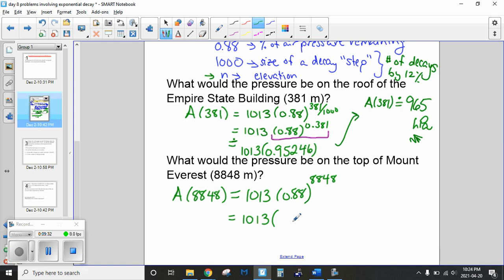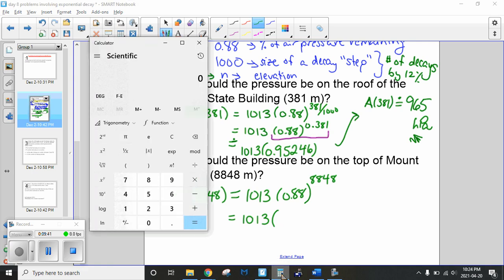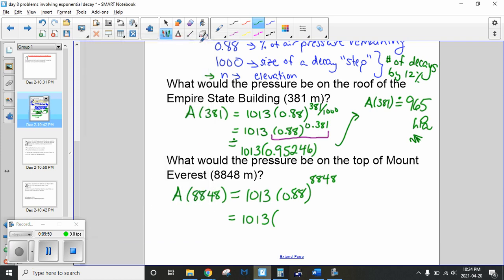Oh, my calculator is not letting me do it. What's going on here? I'm going to grab my on-screen one. 0.88 to the exponent. Oh goodness. Okay, I forgot part of the equation. That's why. I forgot to divide by 1,000.